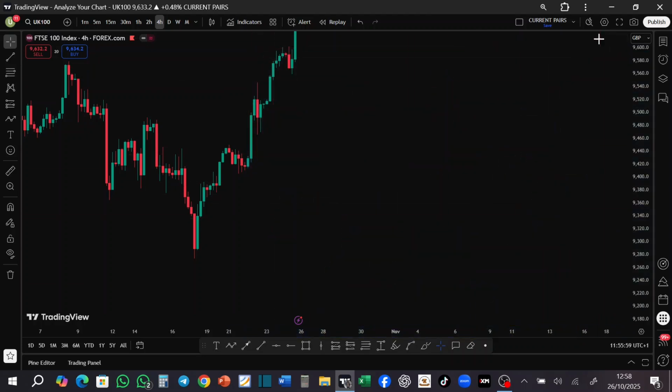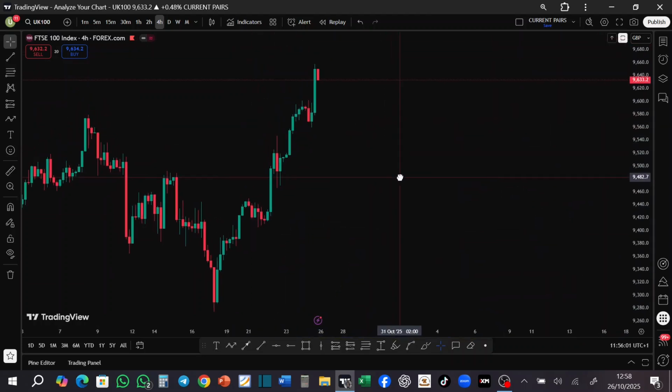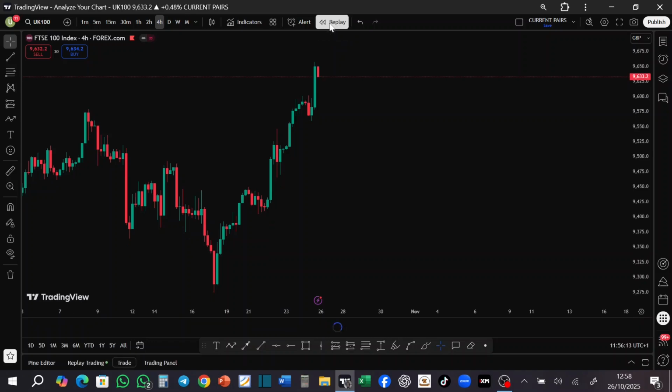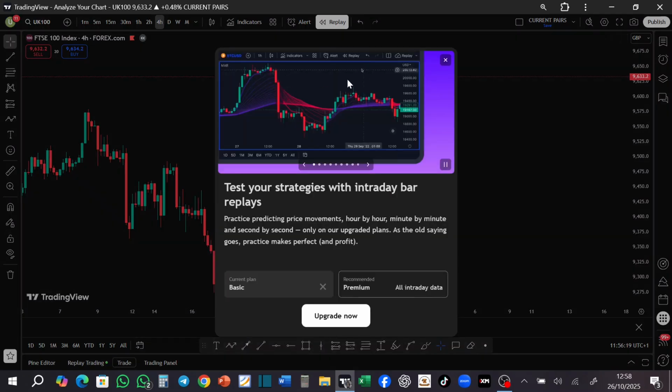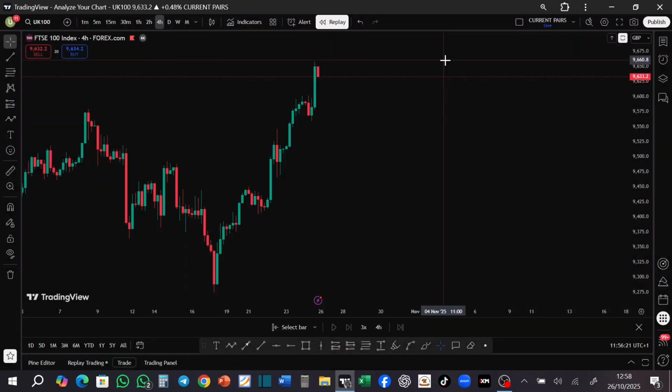Okay, so now it is upon you to identify the structure. So you have identified the structure and you have realized that it is forming higher highs and higher lows.